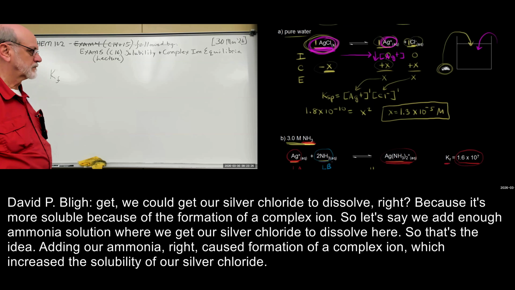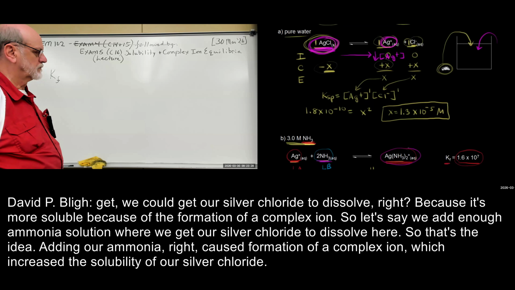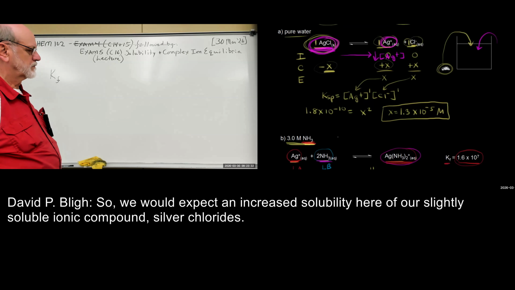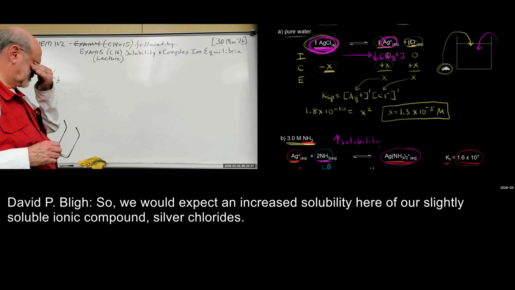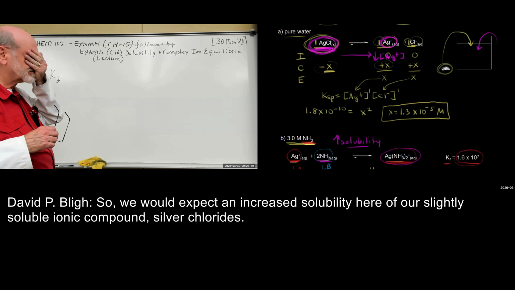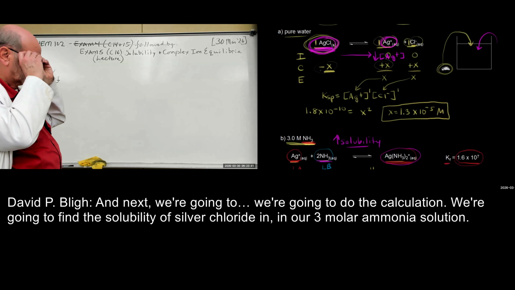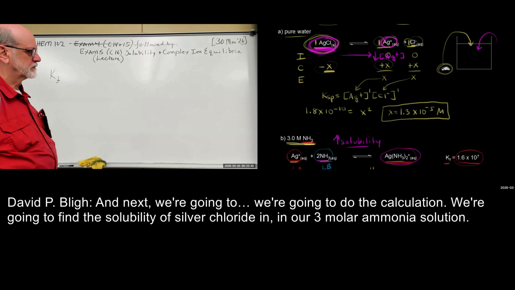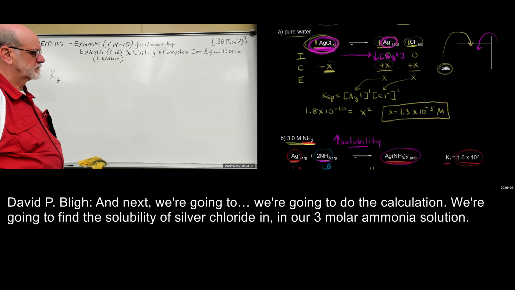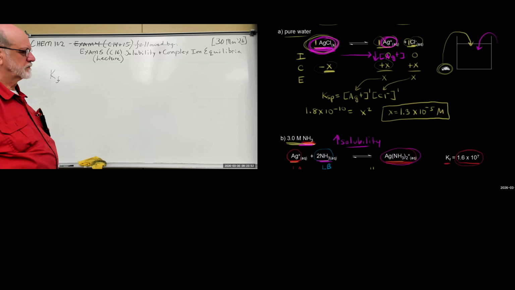Adding our ammonia caused formation of a complex ion which increased the solubility of our silver chloride. So we would expect an increased solubility here of our slightly soluble ionic compound silver chloride. And next we're going to do the calculation. We're going to find the solubility of silver chloride in our 3 molar ammonia solution.